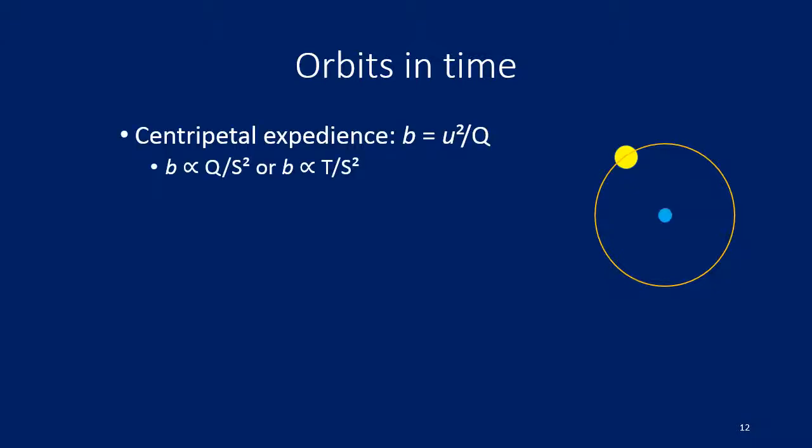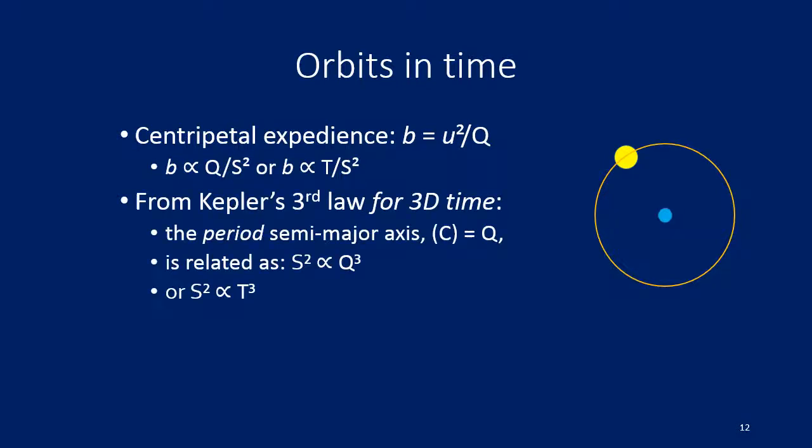Now the centripetal expedience b is equal to the legerity squared divided by the time radius. Or in other words, b is proportional to q over s squared, the circumference squared, which can be stated as b is proportional to the period divided by the circumference squared. Now, if we look at Kepler's third law for 3D time, then the period semi-major axis, which would be c, is q in this case, and is related as the s squared is proportional to q cubed.